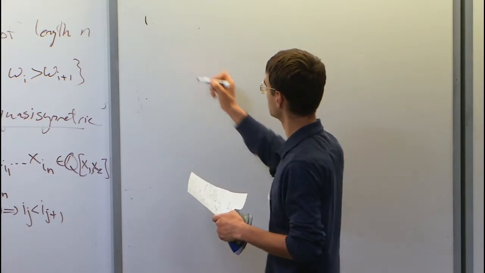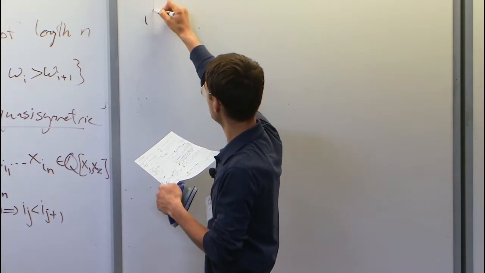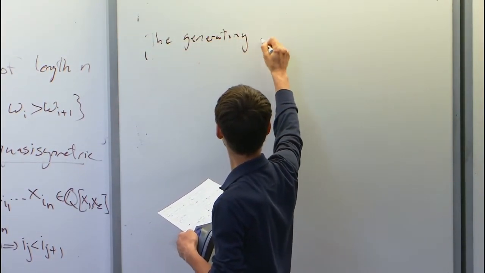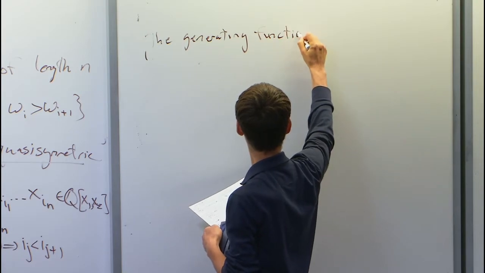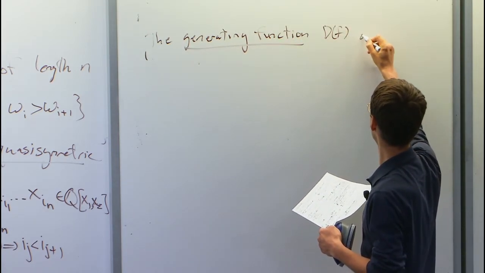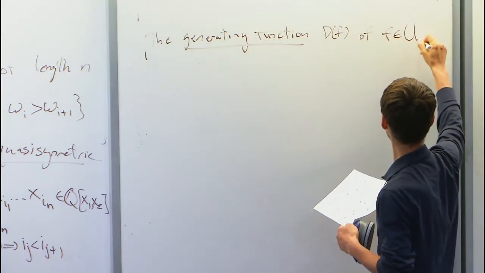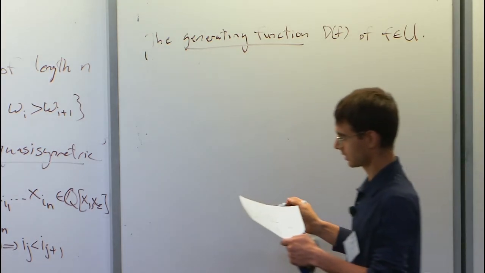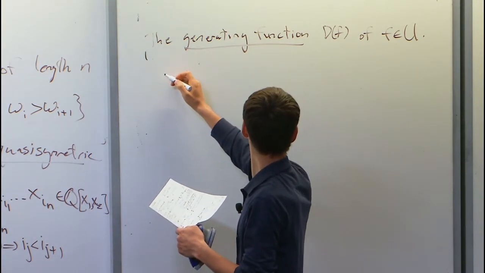All right, so we're going to say that the generating function d(f) of some f in my non-commuting algebra U is defined as follows.